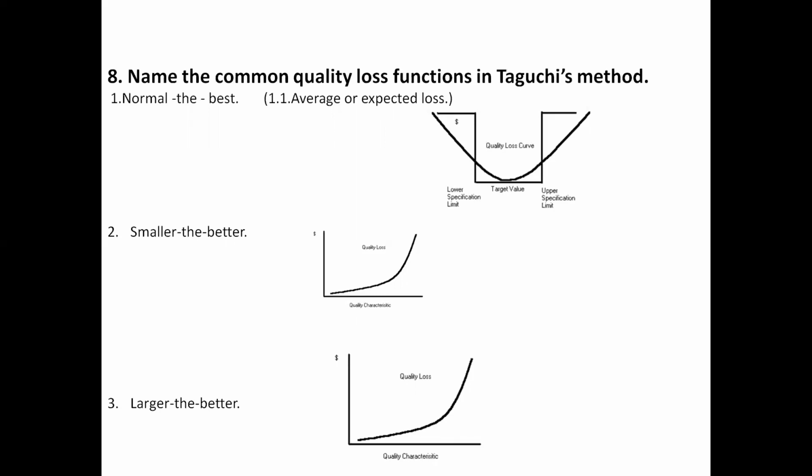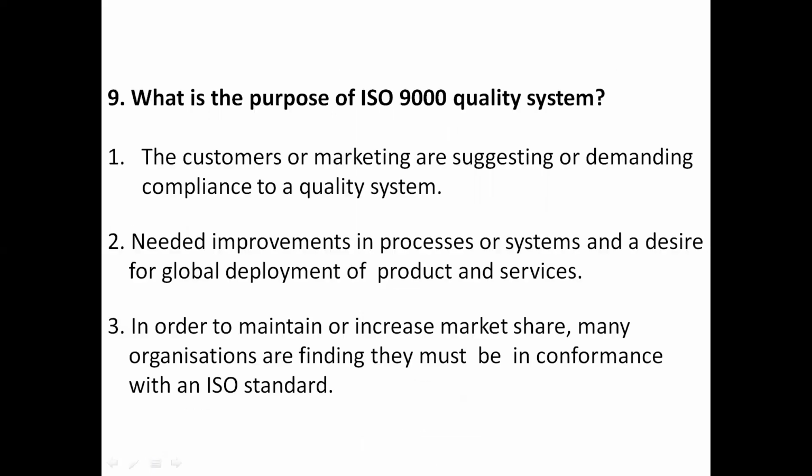Larger the better: when the value is larger, it gives good quality, for example bonding between the pipes and weld butt thickness so that the strength will be more. So 3 common quality losses are there: normal the best, smaller the better, larger the better. No need to write the definition; write the 3 and draw, and you'll get full marks.